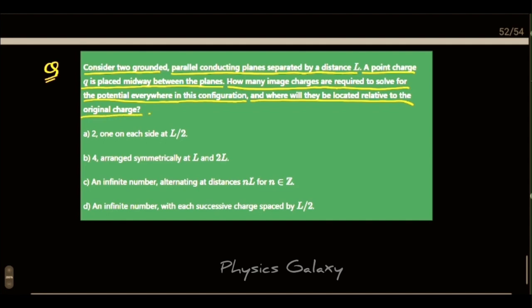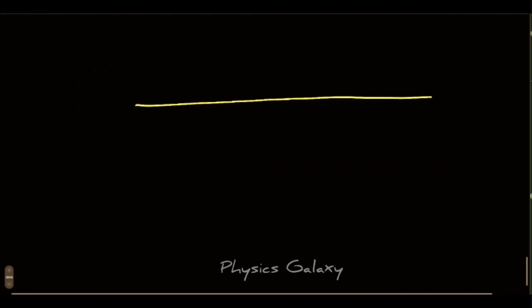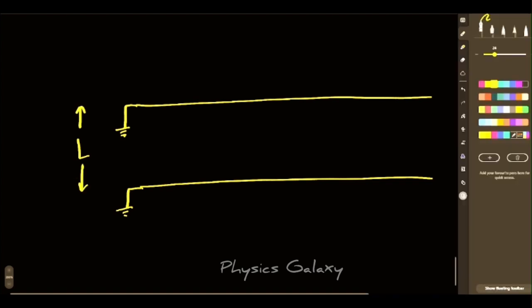Okay, so we have a configuration like this now. We have two infinite grounded conducting planes. So this is grounded, this is grounded, and the separation is L between these planes. My real charge Q is midway between the planes.